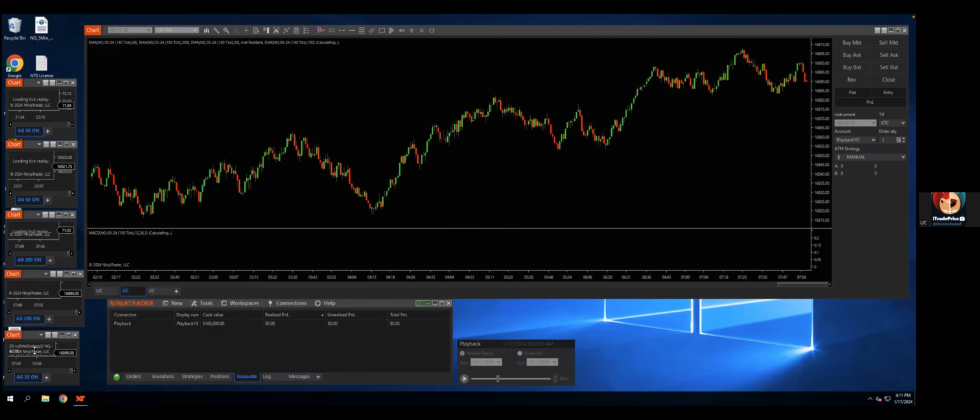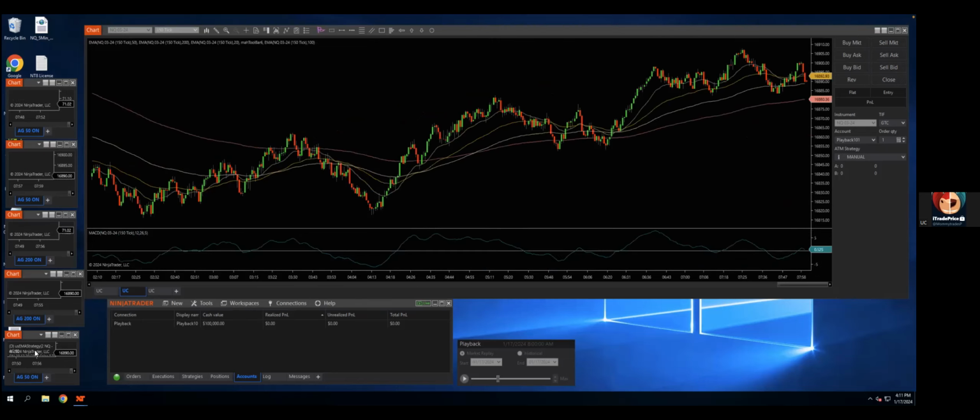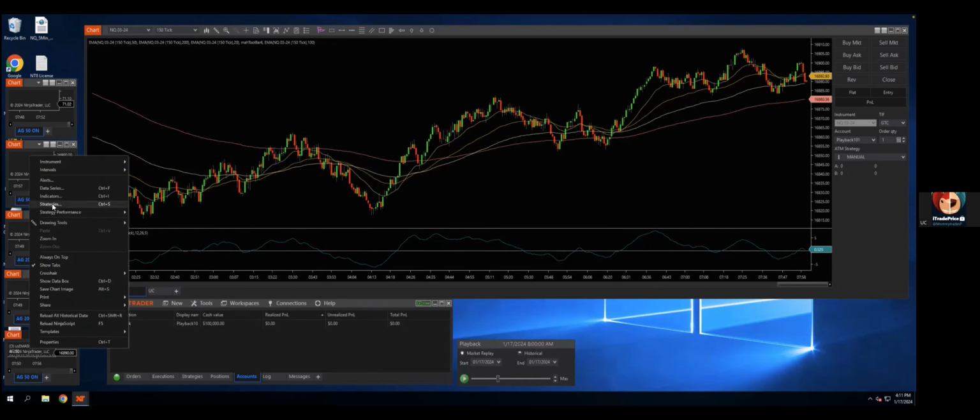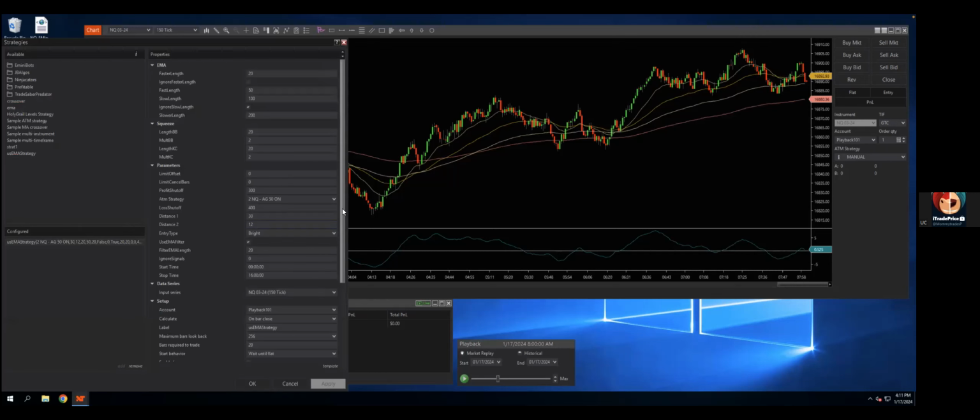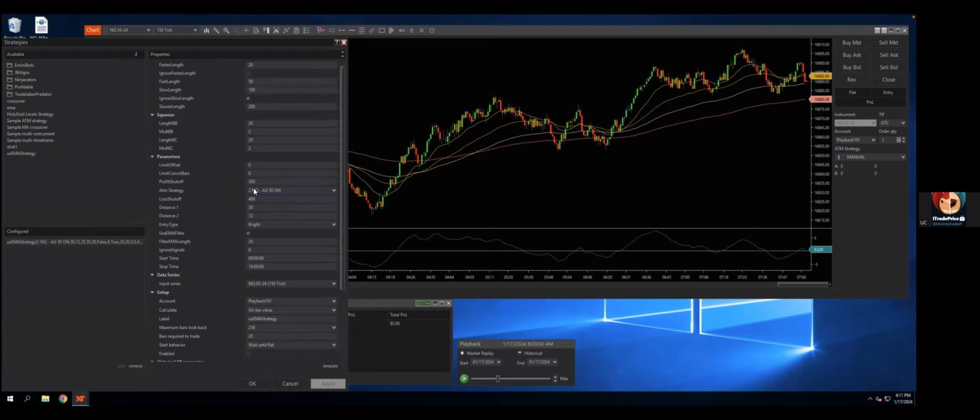And I keep my MACD on, not the crossovers or anything, just the MACD, because I like to know if we're above or below when we're taking a trade. So I'm going to enable my strategy and make sure everything is in here. As I've said before, my first profit target is 5 points, 100 bucks. Second profit target, 10 points, 200 bucks.